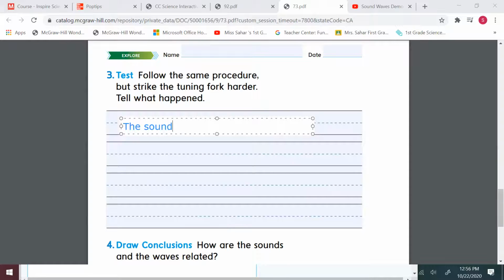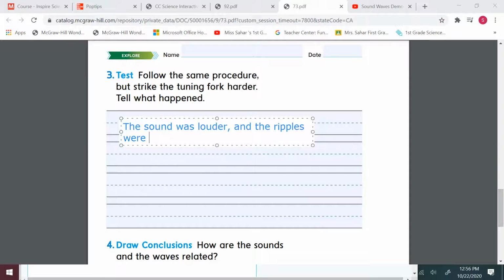As we ask here, the sound was louder. And ripples or the waves were larger, right?